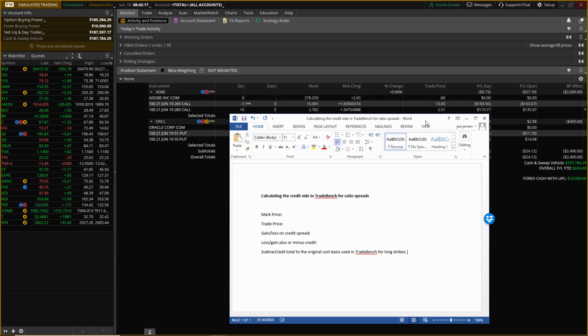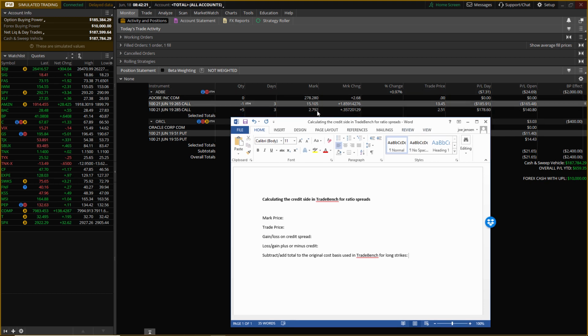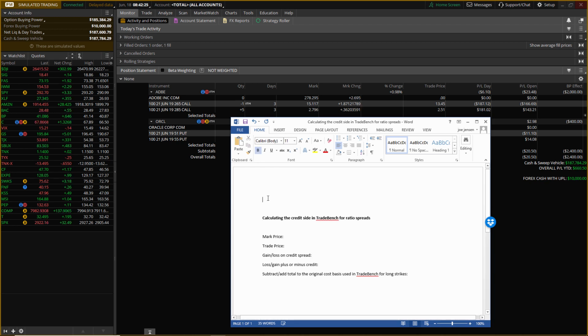Okay, so the first thing I'm going to do is I'm going to say these values have increased by $10 based on their delta. So this 13.45, I need to add $8 to it, so I'm going to go 13.45 plus 8. Now don't get confused here, guys. I'm just building the hypothetical.